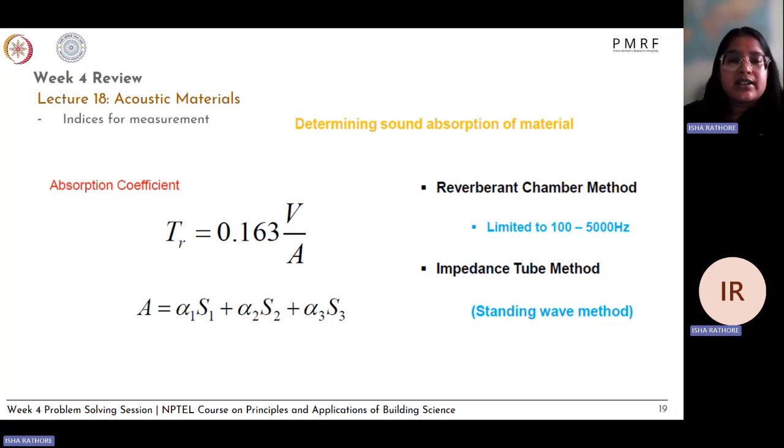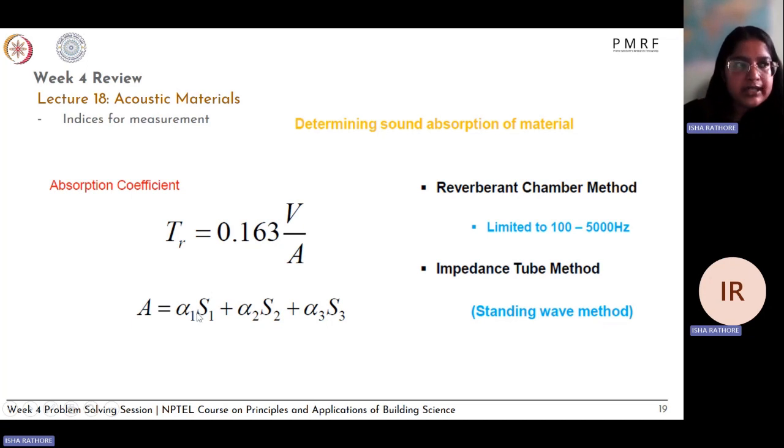So we are here looking up at the reverberation time, or TR, which is given by the formula 0.163 V by A, where V is the volume of the room or space, and A is the absorptance into area summed for all the different surfaces which are present inside that room.